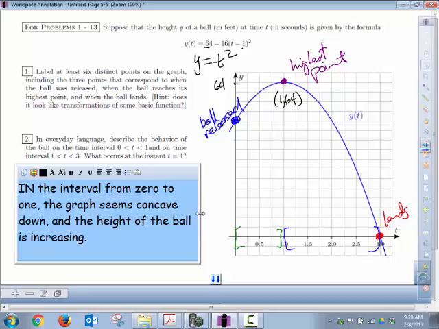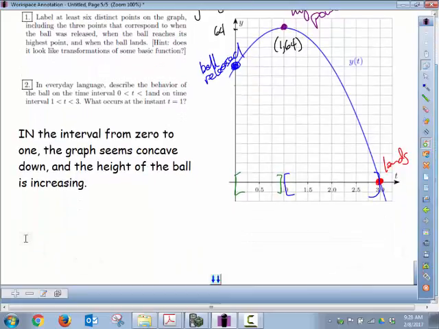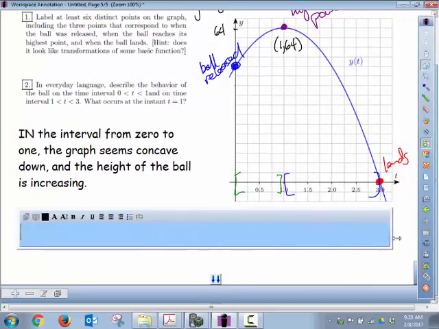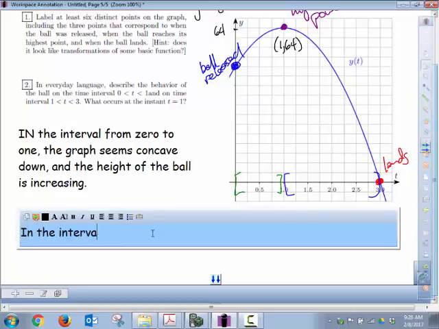Okay, that's good. How about the interval between 1 and 3? What can we say?